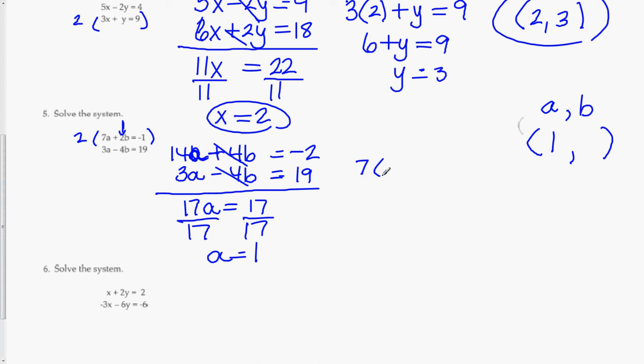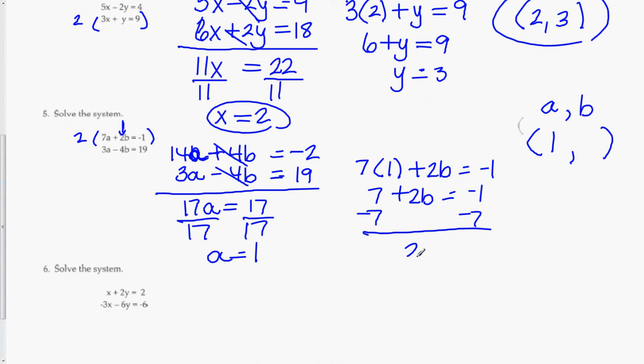So 7 times 1 plus 2b equals negative 1. So that's 7 plus 2b equals negative 1. Subtract 7. So 2b equals negative 8. Divide by 2. So b equals negative 4. Put that in my ordered pair, and there's my answer.